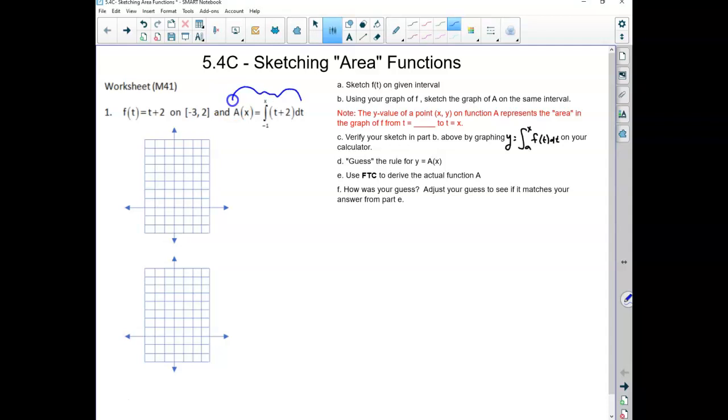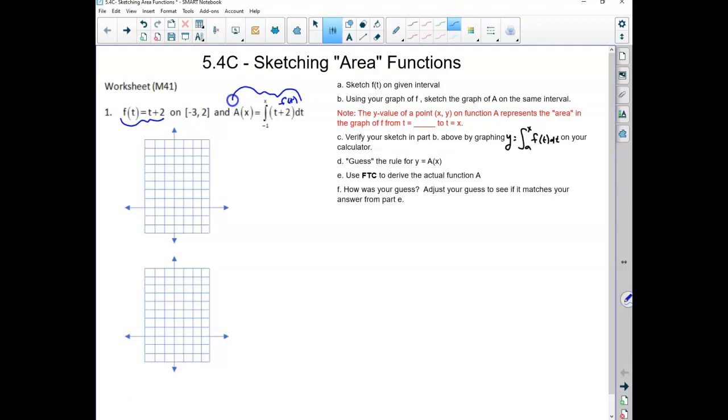This is going to be an exercise on our function A of x, which is going to be an area accumulator for us. And we're going to be given our little f of t. Here's our little f of t, and this is our little f of t in here as well.